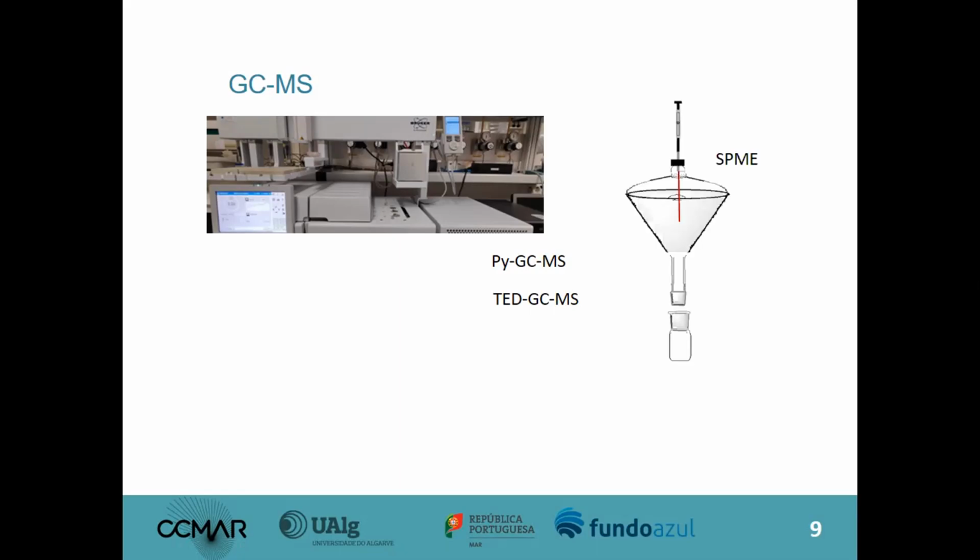So we developed a manual one that is a scheme here, a very simplified scheme. It's not the complete system, but basically it has a container made of quartz where you can add your sample, you can heat your sample, and then the compounds are released up to this larger container. They can be collected using a solid phase microextraction fiber and the syringe, and then they can be injected into the GCMS.